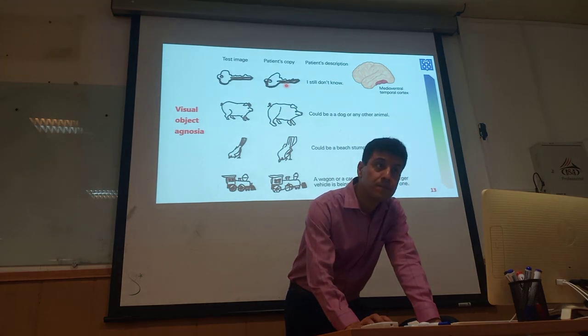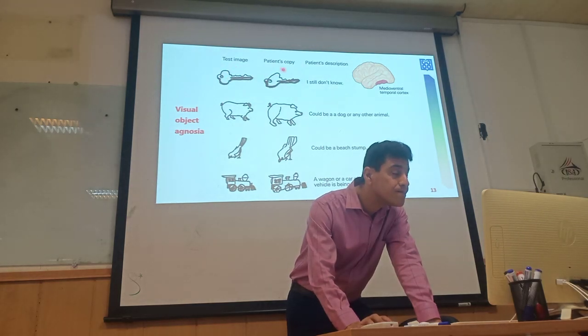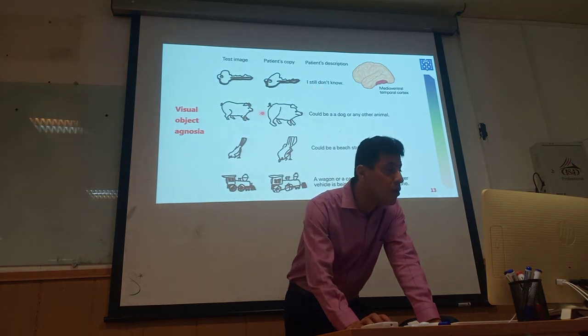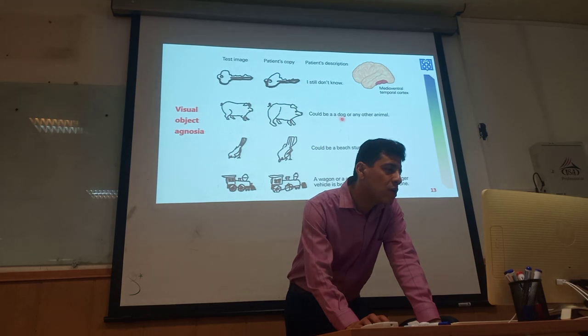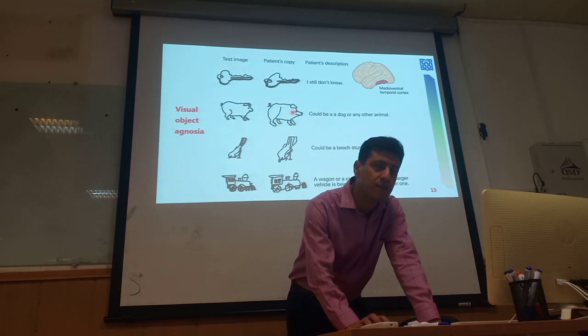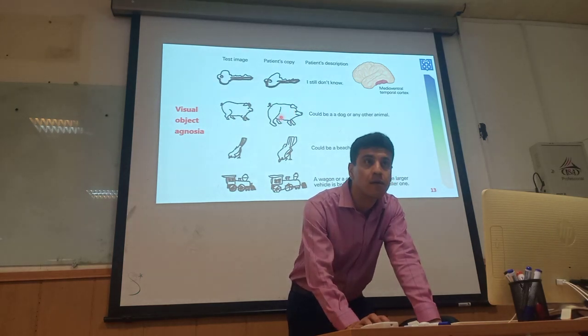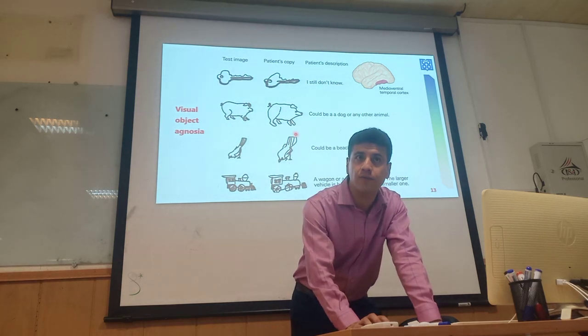So we ask the person, what did you draw? They will tell you, I don't know. Or they may guess that it can be a dog or any other animal. So they don't know the name of this one. They cannot tell you that it's a pig. Or this one, they cannot tell you that it's a bird, for example.